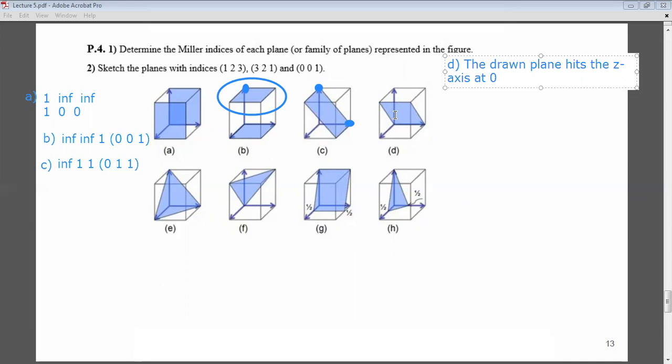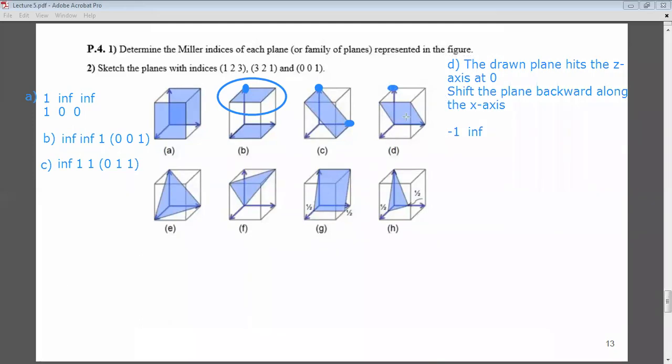So I have to shift this plane. Okay. And the best way to shift this plane is backwards. So shift the plane backwards along the x-axis. Okay, so now just imagine that I'm shifting this plane backward along the x-axis. Then I will see that it hits the x-axis at -1. It does not hit the y-axis, so it's infinity. And it will hit the z-axis at exactly this point over here.